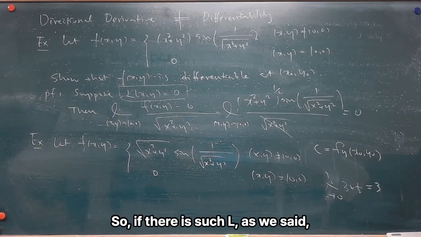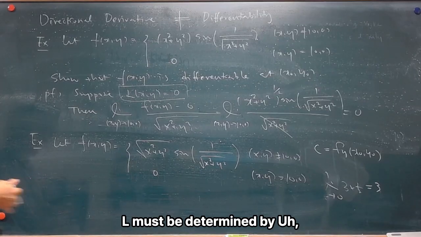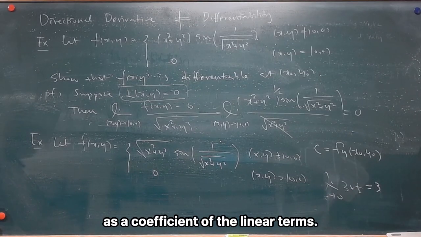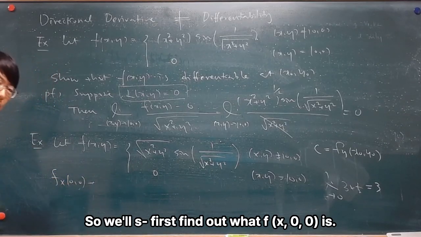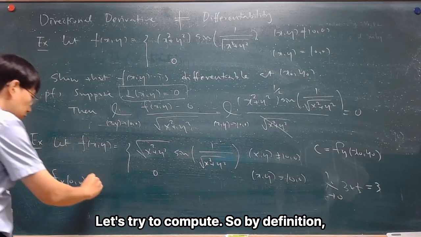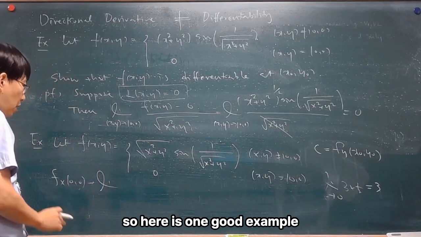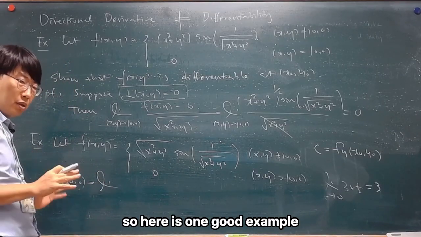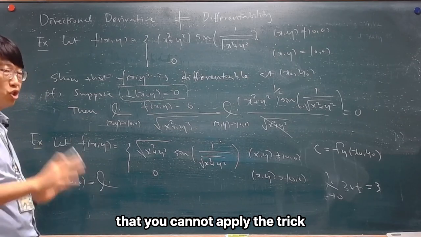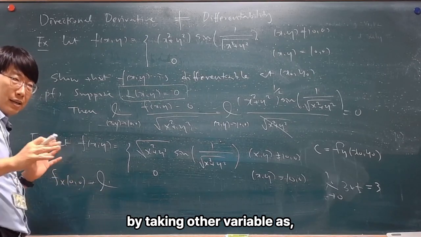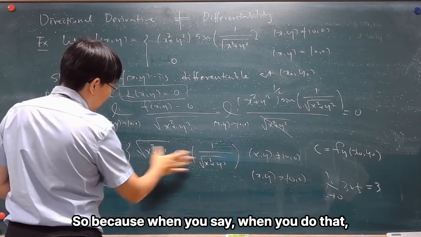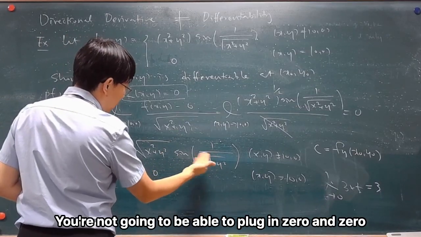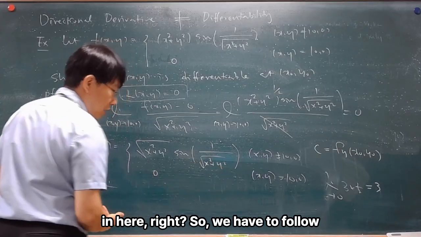So if there is such an L, as we said, L must be determined by the partial derivatives as the coefficients of the linear terms. So we'll first find out what f of x at 0, 0 is. Let's try to compute. So here is one good example where you cannot apply the trick of finding the partial derivative by taking the other variable as if it's a constant, because when you do that, you're not going to be able to plug in 0 and 0 here, right?